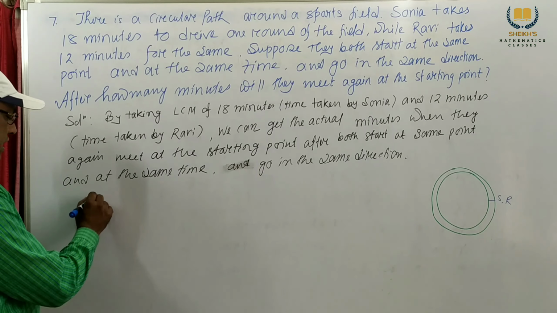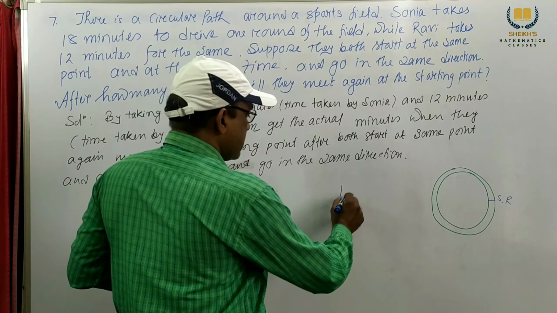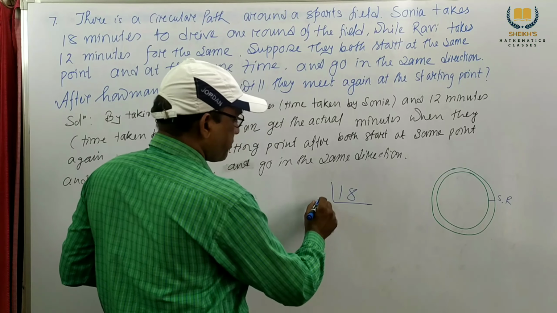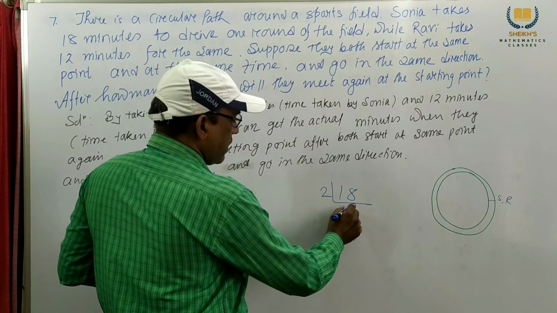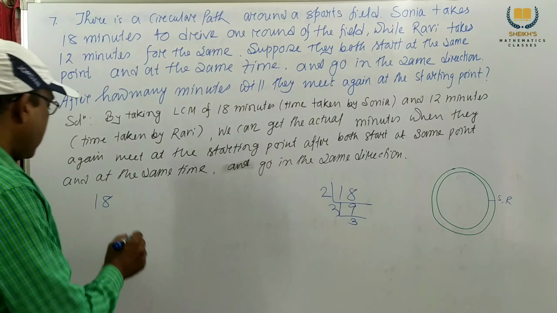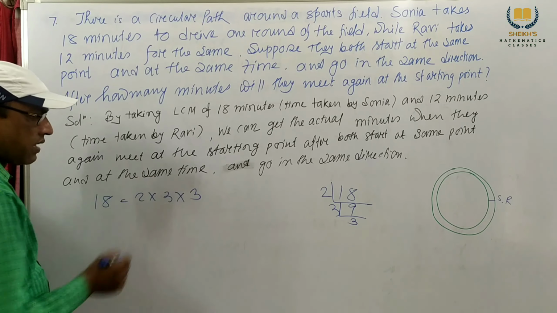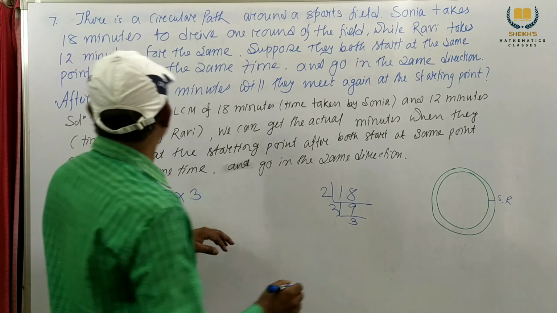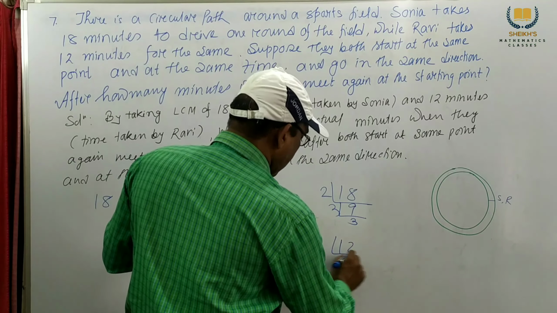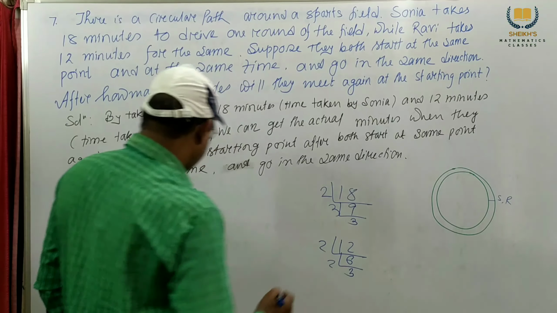First we consider 18. 18 is 2 into 9, and 9 is 3 into 3. So 18 equals 2 into 3 into 3, and next 12 is 2 into 6, and 6 is 2 into 3.